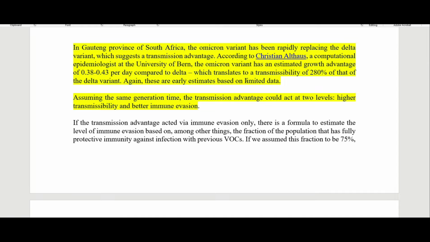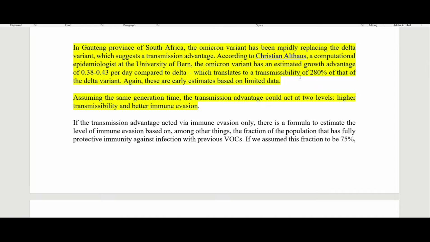The Omicron variant has an estimated growth advantage of 0.38 to 0.43 per day compared to Delta, which translates to a transmissibility of 280% of that of the Delta variant. Again, these are early estimates based on limited data. Assuming the same generation time, the transmission advantage could act on two levels: higher transmissibility and better immune evasion.